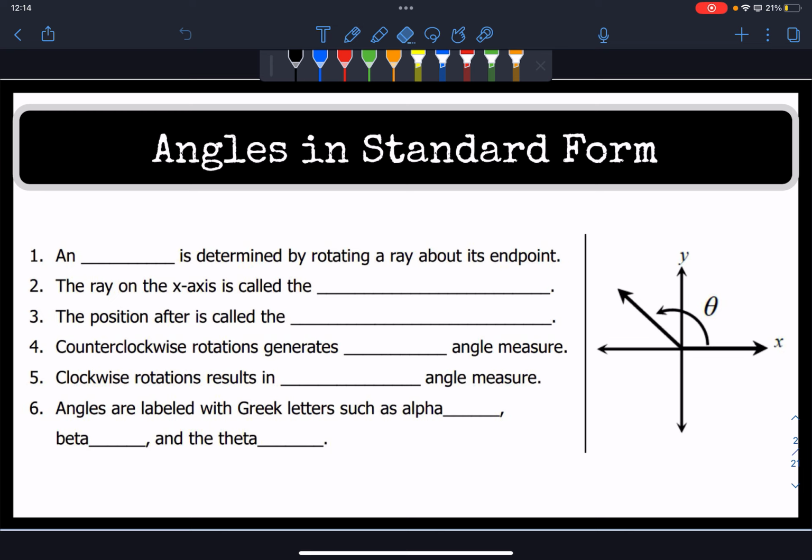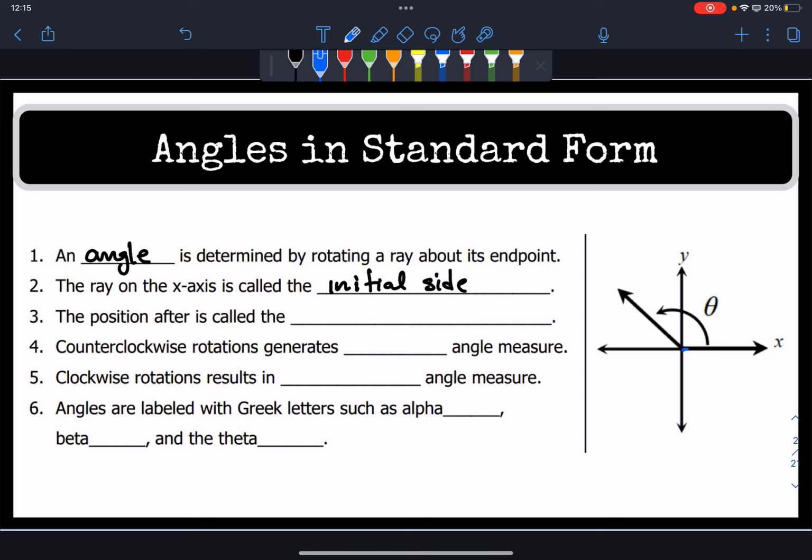Now an angle is determined by rotating a ray from its endpoints. So as you see right here in this example, this is an angle in its standard form. The ray that's on the x-axis is called the initial side.